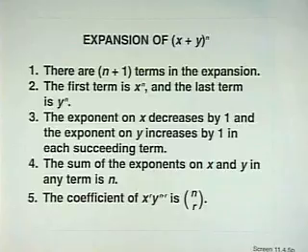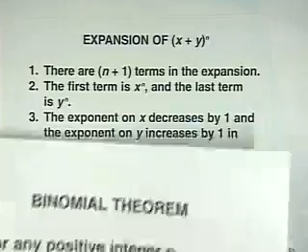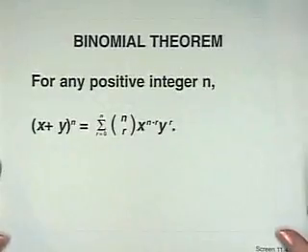The exponent on x decreases by 1, and the exponent on y increases by 1 in each succeeding term. The sum of the exponents on x and y in any term is n. And the coefficient of x to the rth power times y to the n minus rth power is n choose r.